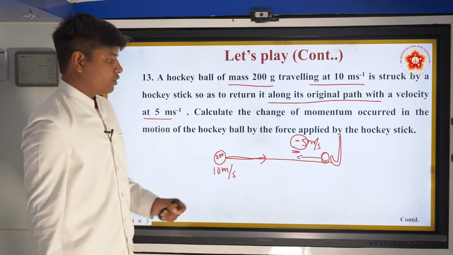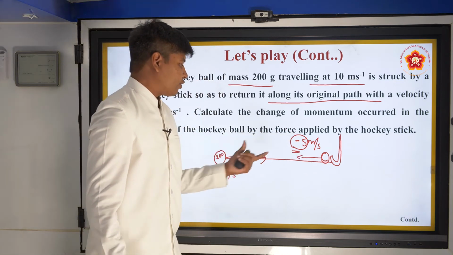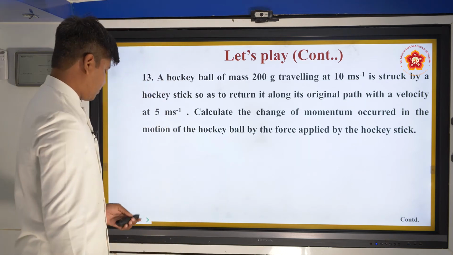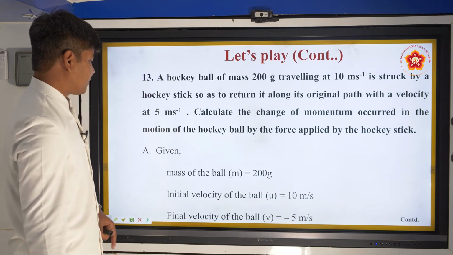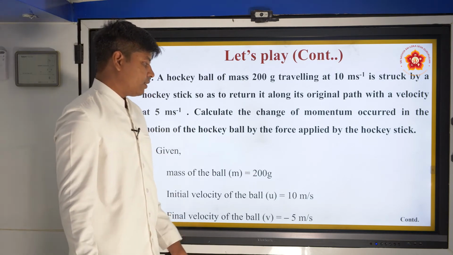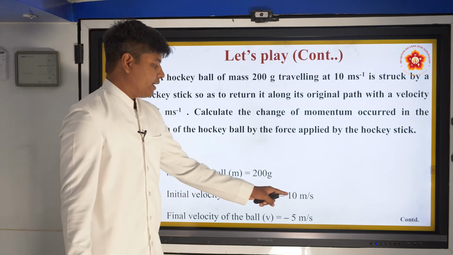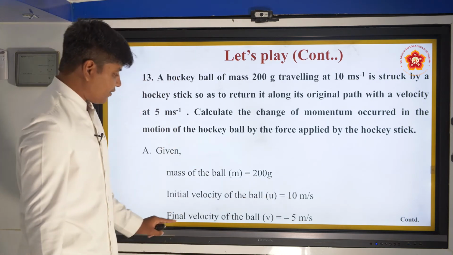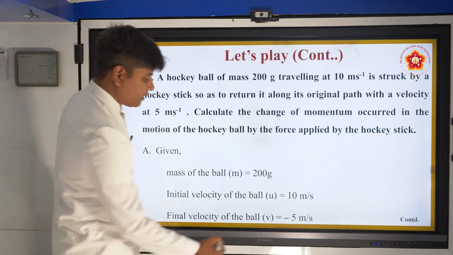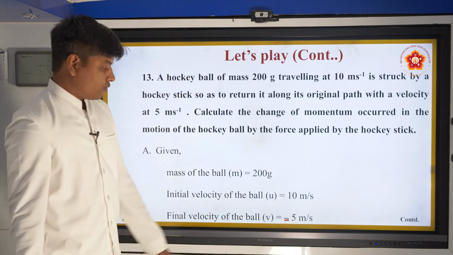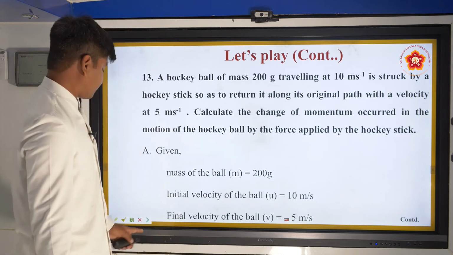Once you have all the values, you can easily calculate the change in momentum. Let's go. What is given? Mass of the ball is 200 grams, which is equal to 0.2 kg. Initial velocity of the ball is 10 meters per second. Final velocity of the ball, v, is minus 5 meters per second. This is very important.